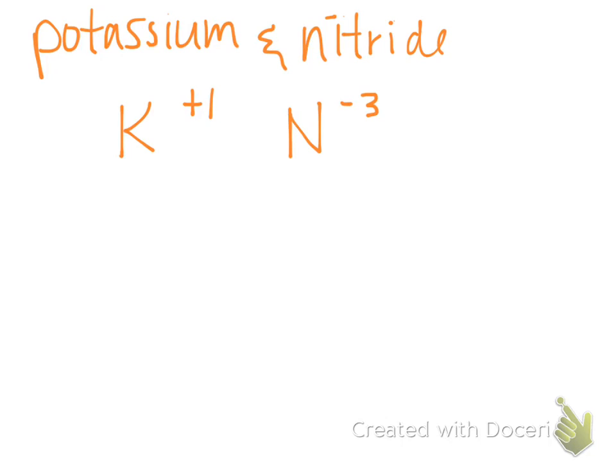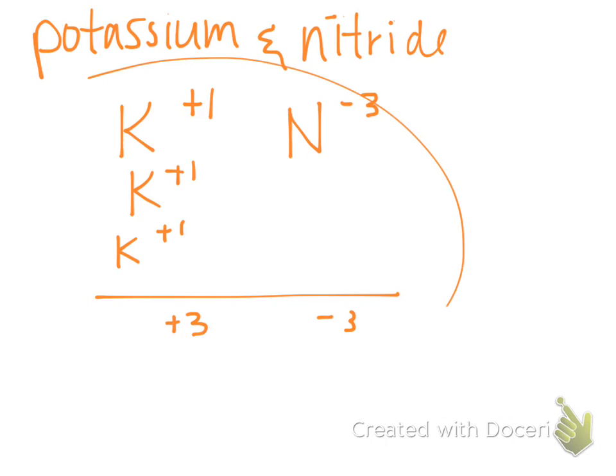No, it doesn't, right? So which one should we adjust? We should adjust potassium. So how many potassiums do we need to balance out our nitrogen? We need just 2 total, or we need 2 additional? 2 additional. So we need another potassium, and we need another potassium, because that now gives us plus 3 and minus 3, right?